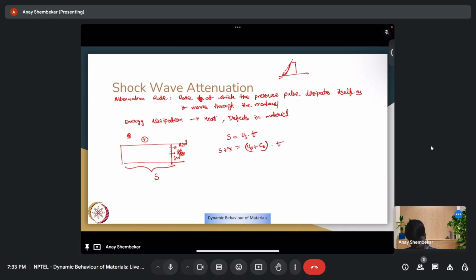Here X refers to the initial thickness of the pulse.